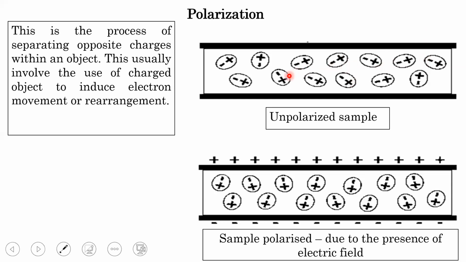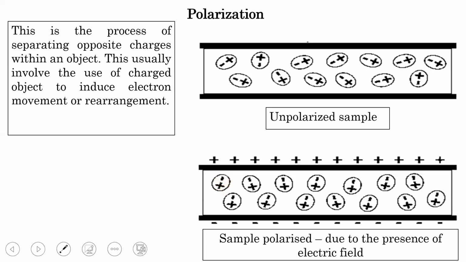They are not orderly. But if you look at the sample at the base of this corner, the sample here is polarized. And why is it polarized? Because it is exposed to an electric field. In the presence of an electric field, where the positive part of the field is from the top and the negative part is from the bottom, it is easy to see that the atoms have turned.